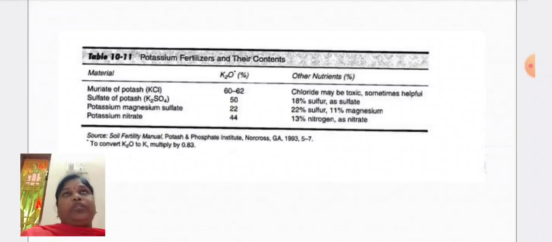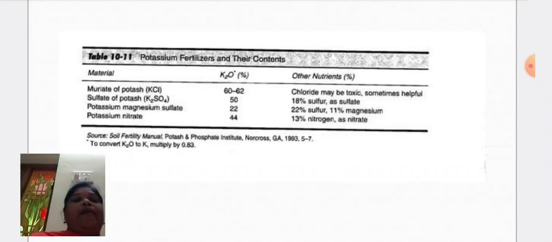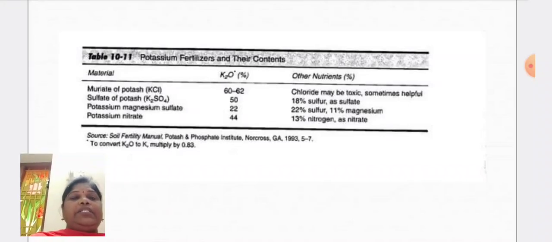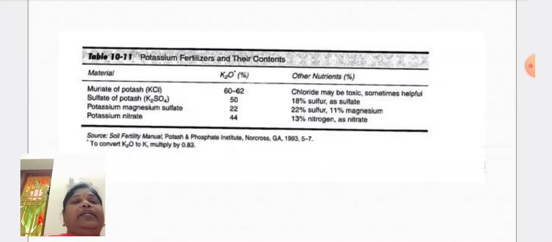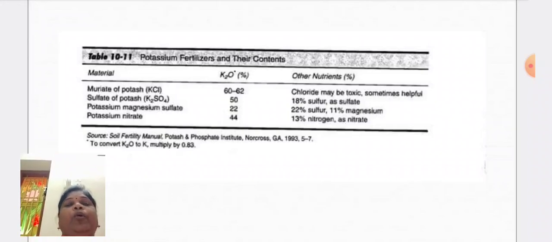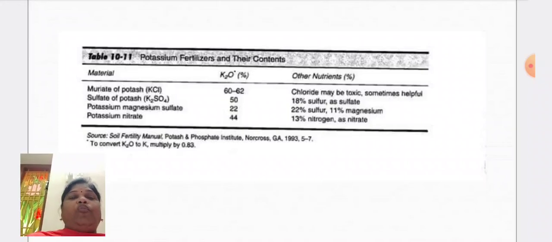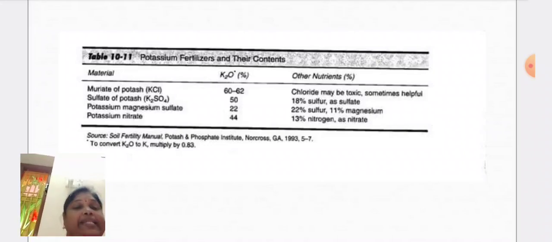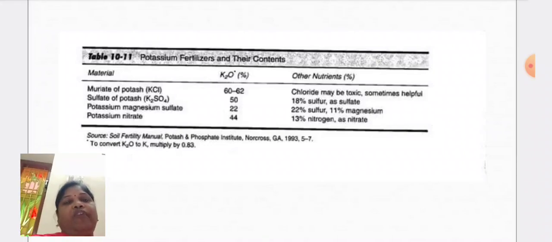Then sulfate of potash, K2SO4. It contains 50 percent potassium and 18 percent sulfur as sulfate. Then potassium magnesium sulfate contains 22 percent K2O, 22 percent sulfur, and 11 percent magnesium. Potassium nitrate contains 44 percent K2O and 13 percent nitrogen as nitrate.